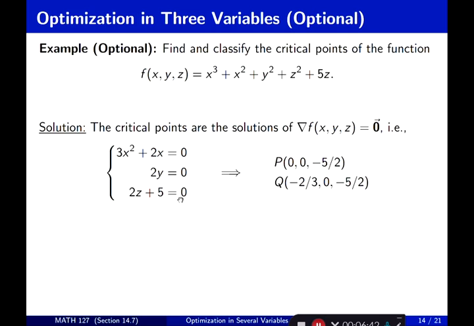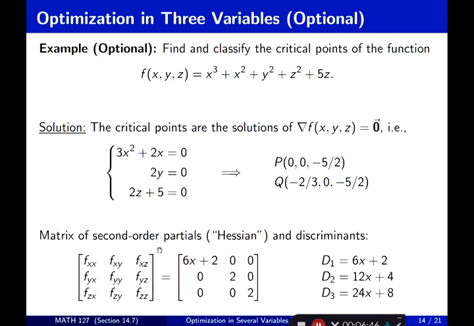Find the discriminants. D3 is the first one to form, which is going to be f_xx, f_xy, f_xz, then f_yx, f_yy, f_yz, and so on and so forth. D1 is just the one-dimensional matrix on the upper left corner.